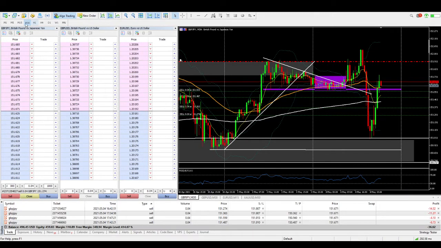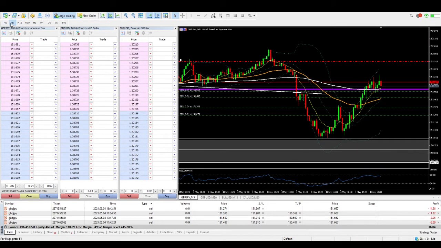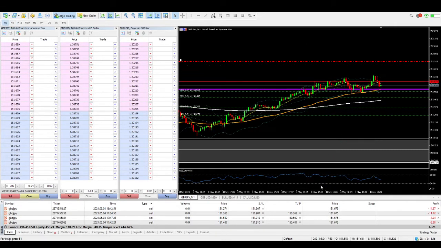Let's see the RSI in other time frames. This is now the 5-minute, so we're just barely overbought. If you look at the 1 minute, see how interesting this is. It's here in the overbought.